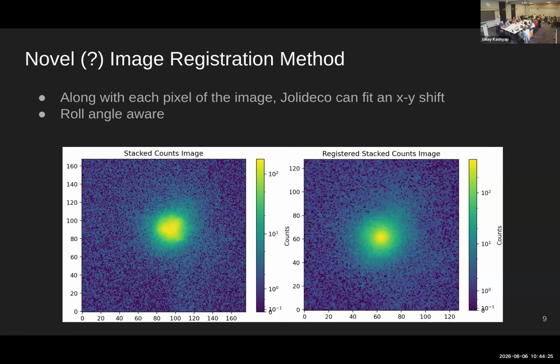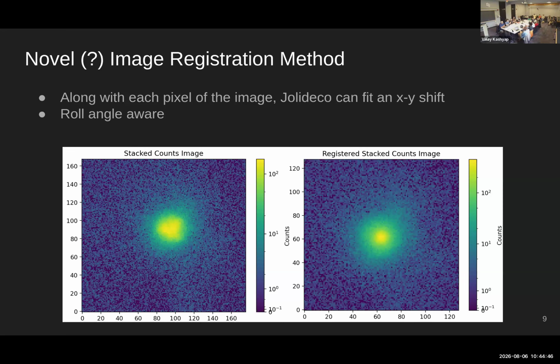Jolly Deco can, at the same time as doing image deconvolution, also accept a shift of X and Y for each observation as it's jointly fitting. And so you end up with a maximum likelihood estimate of the positions of the images as well.